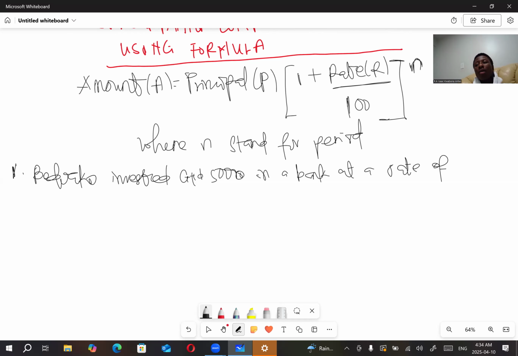Can someone help me out? Was it 12%? I'll be glad if someone goes back to the note to see the very first example I gave you, the rate we're using. 12? 4%? So I'm correct, then it's 10%. Okay, so at a rate of 10% per annum compound interest.